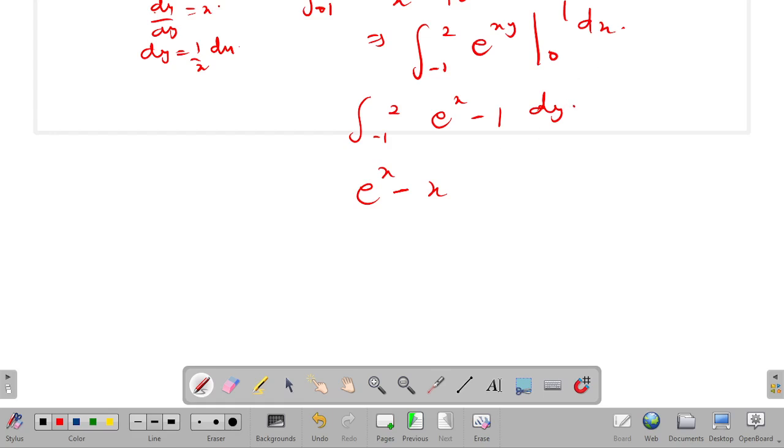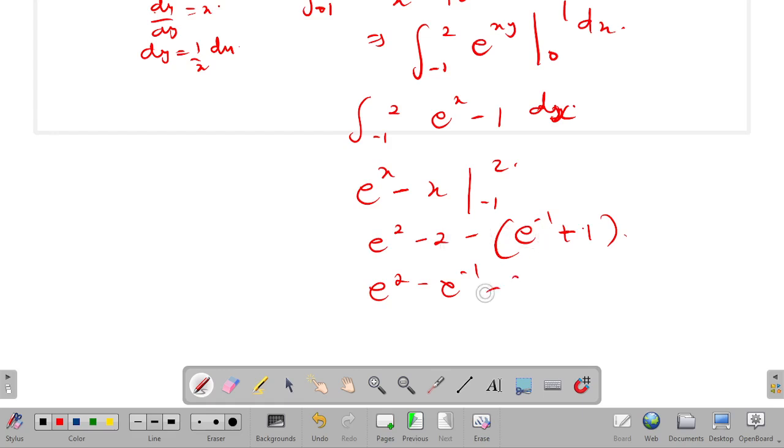From negative 1 to 2. When I put 2, e to the power 2 minus 2, right? Minus, I put negative 1, e to the power negative 1 minus 2 plus 1. You get e to the power 2 minus e to the power negative 1 minus 2 plus 1, which becomes minus 2 minus 1, so minus 3. And this is our answer.